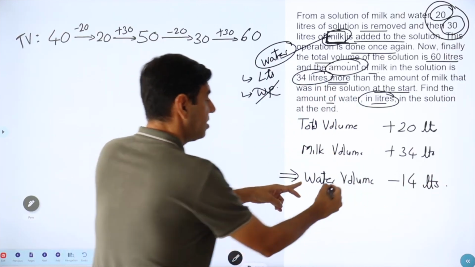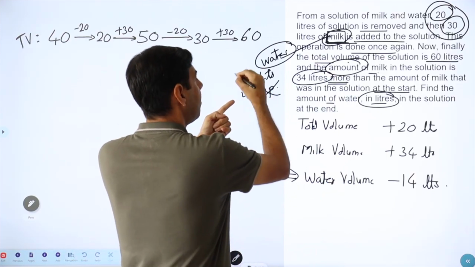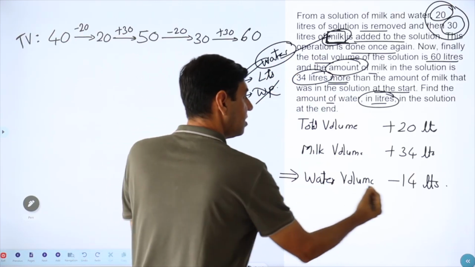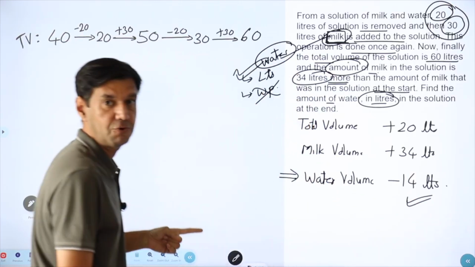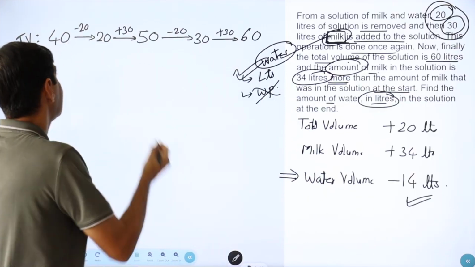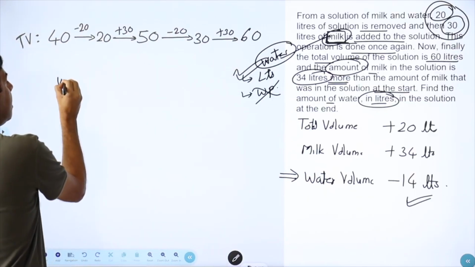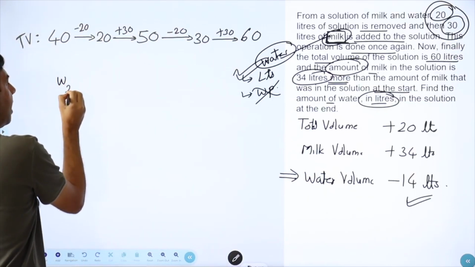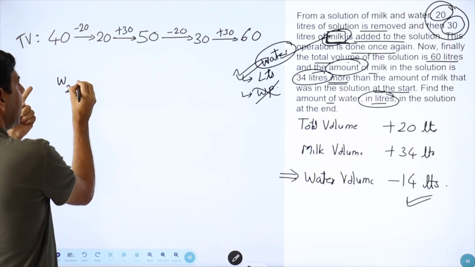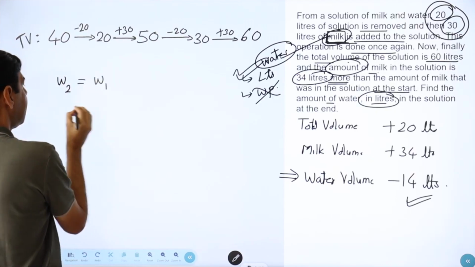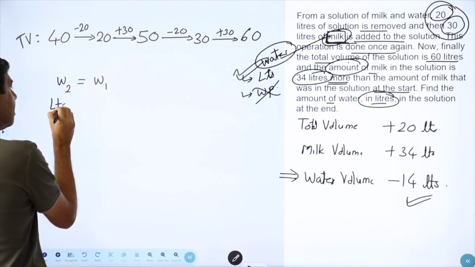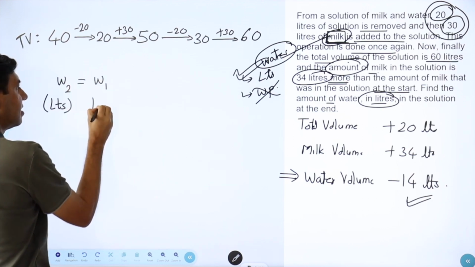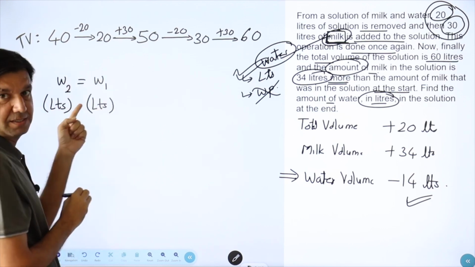And once you know this, if all these thoughts come into your mind, work on water, liters reduces by 14 liters, then it can be as fast as this. Water liters, water at the end is water liters. And remember, I'm again saying this is liters and liters, not proportion.